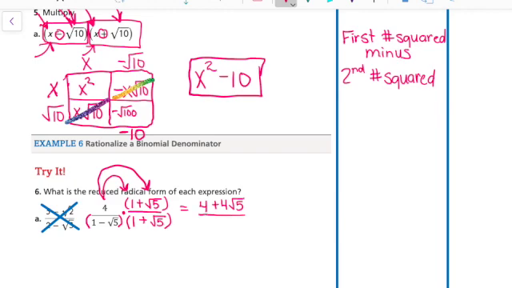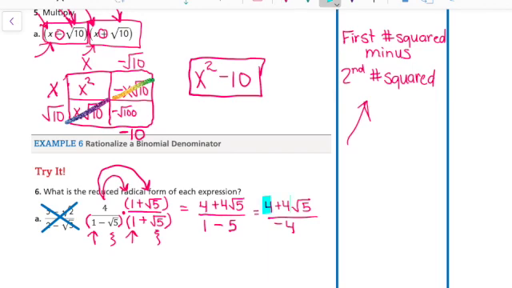Remember the little cheat shortcut that I gave you there. 1 times 1 is 1 minus square root of 5 times square root of 5 is just 5. Clean that up. I get this. And that will even reduce some more.